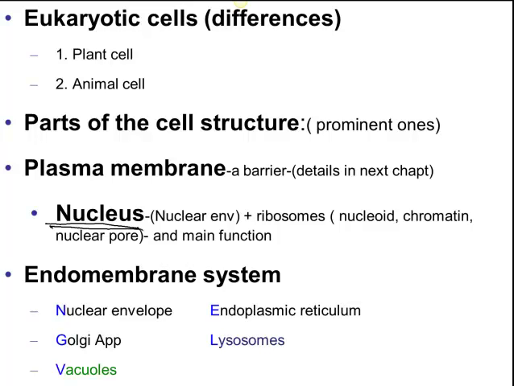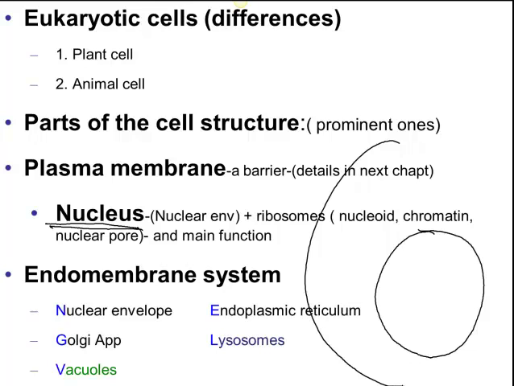Just outside the nucleus is the nuclear envelope. It has certain ribosomes present on it. The way a nucleus is described is: this is the entire cell, and this is the nuclear envelope.